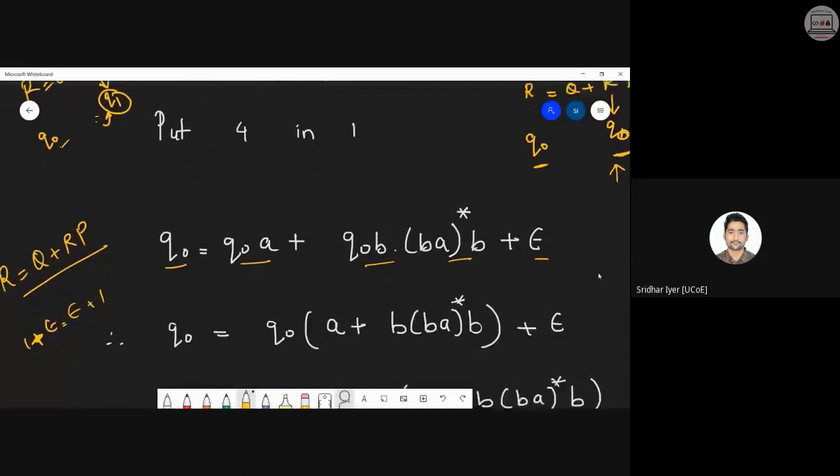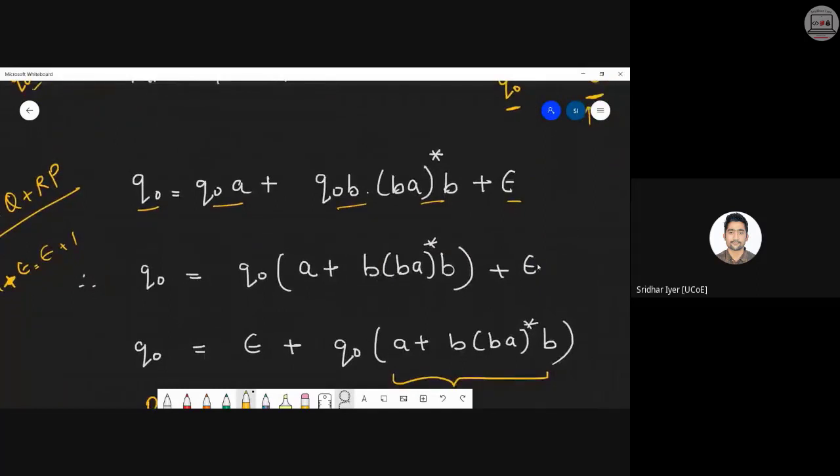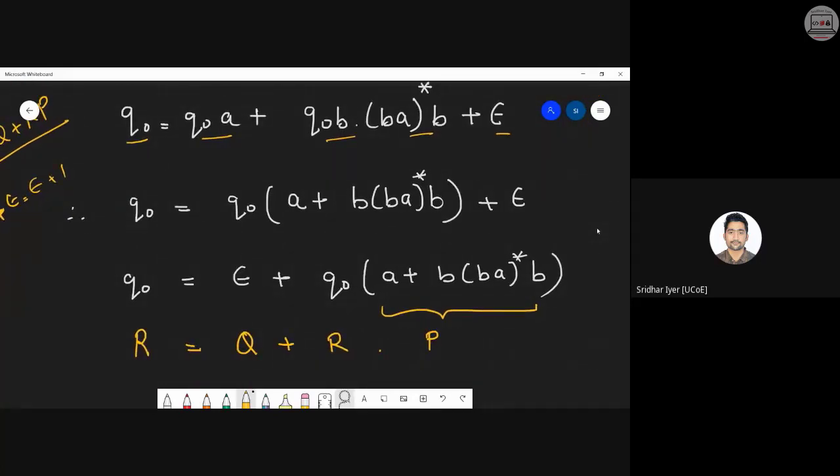So we write the equation like this: Q0 is equal to epsilon plus Q0 followed by the term, whatever it is. Now I can say that this entire term is in the same format, that is R is equal to Q plus RP, where epsilon is Q, R is Q0, and P is this entire term.